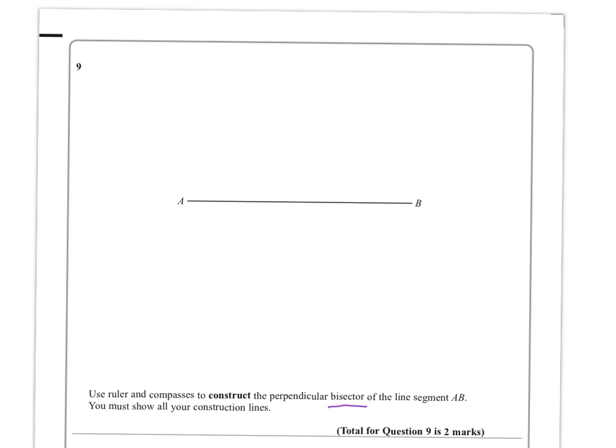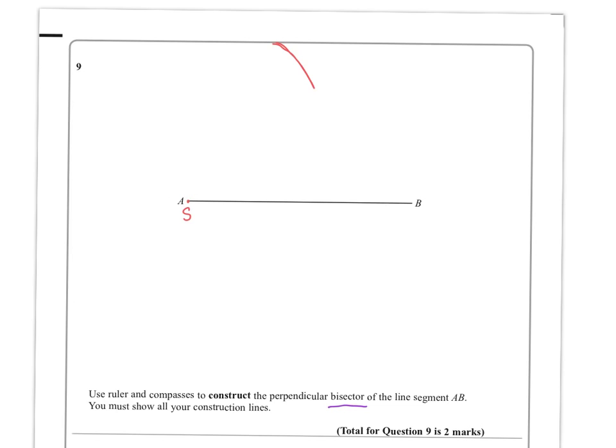First thing to do is to put your sharp point of your compass, say at this end here, and then stretch it out so it goes over halfway of the distance between A and B. And then all you have to do is just draw part of a circle, i.e. an arc. Now you can make this go all the way round if you want, it doesn't really matter.